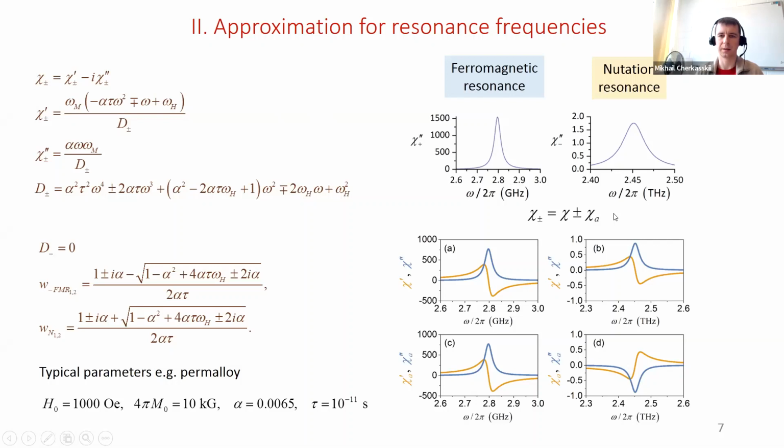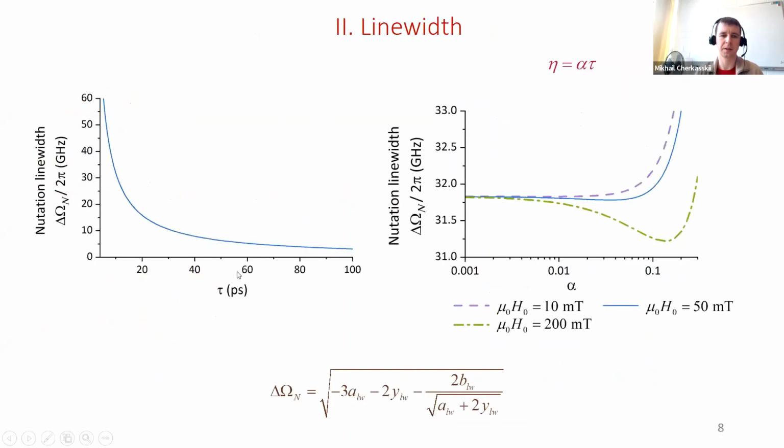And next, we found that this angular momentum relaxation time can be changed, and if we vary this time, the nutation line width becomes narrower. So this is expected behavior. It means that if we increase the lifetime of this nutation motion, then of course the nutation resonance will become narrower and narrower.